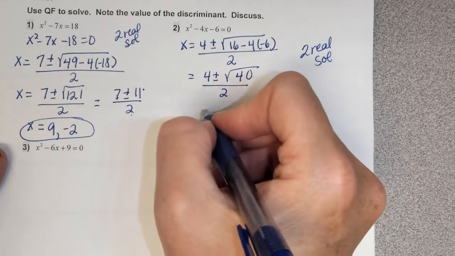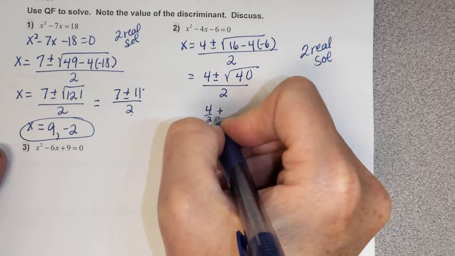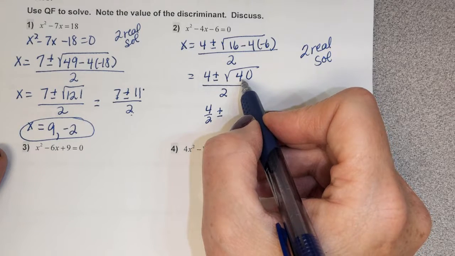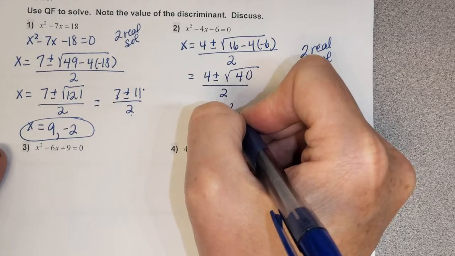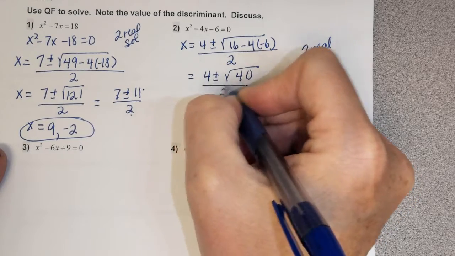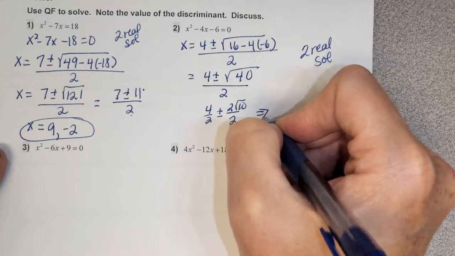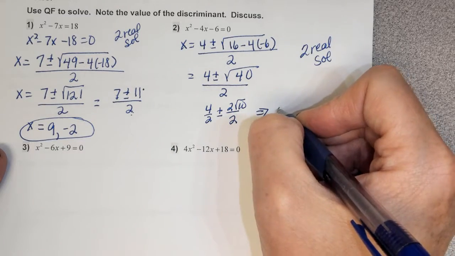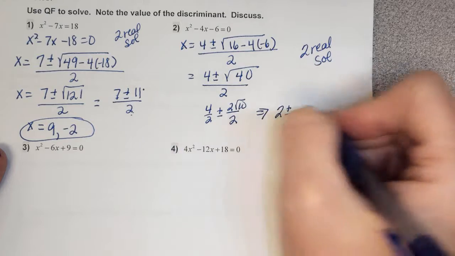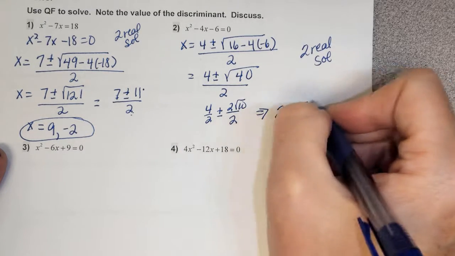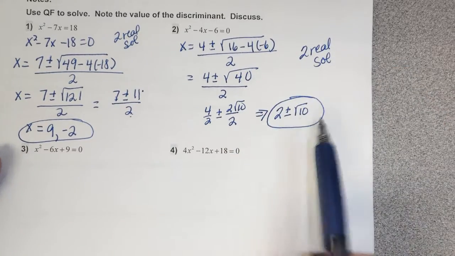We're going to split it up now. So it's 4 over 2 plus or minus. How does radical 40 break down? 4 times 10, so what would it be? 2 radical 10. So this term's over 2 and this term's over 2. So what are our solutions then? 2 plus or minus what? Radical 10. Those are our 2 solutions for x.